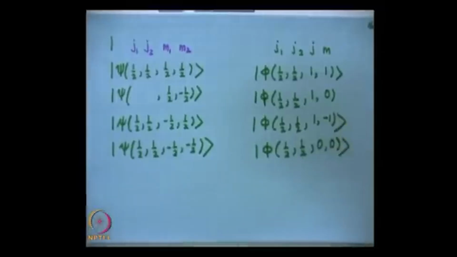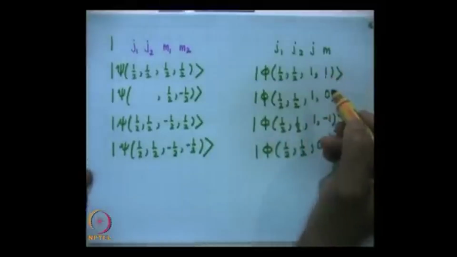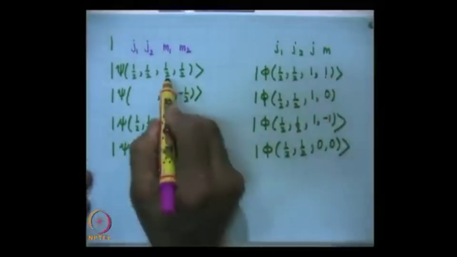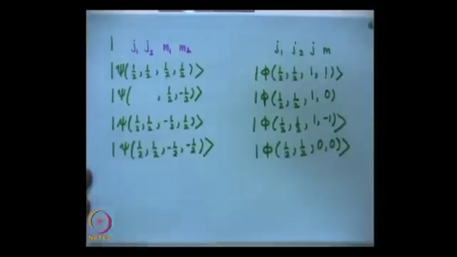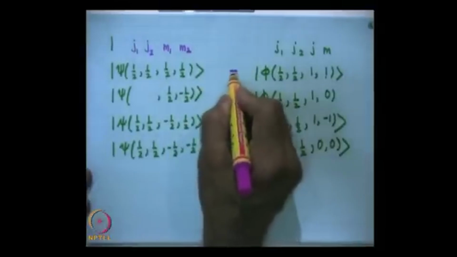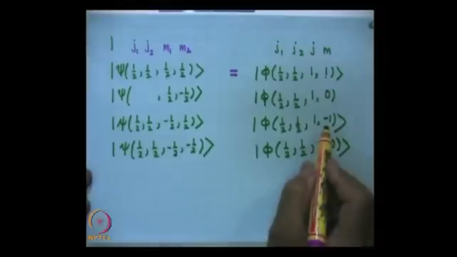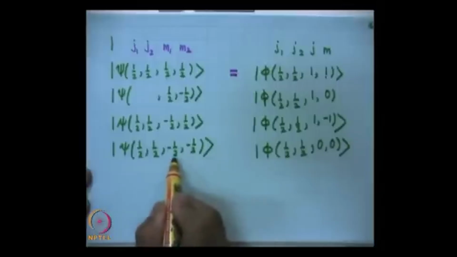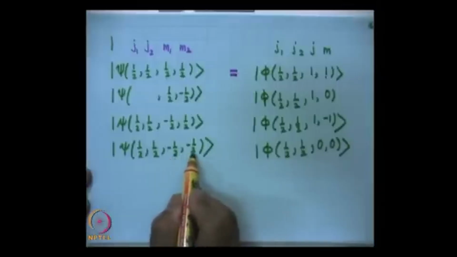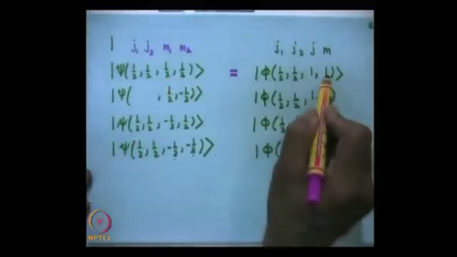Now, you see when m is equal to 1, m1 has to be half and m2 has to be half. So, this must be equal to this, and when m is equal to minus 1, then m1 has to be minus half, m2 has to be minus half, because this plus this must be equal to this.